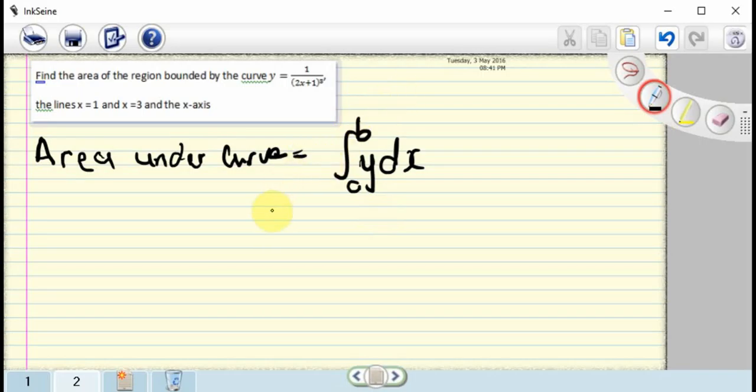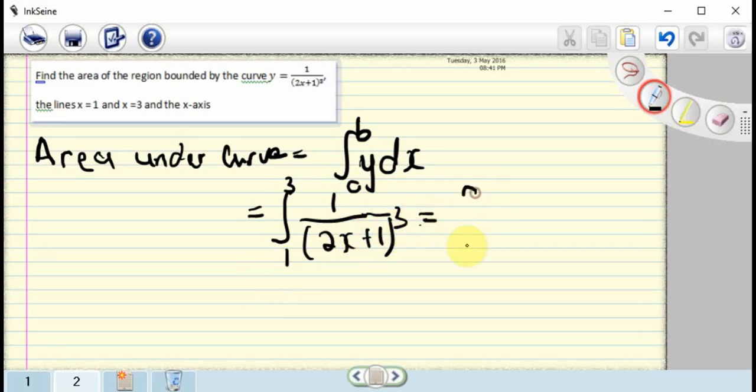In this case, we're going from 1 to 3 and the function is 1 over (2x plus 1) cubed. First, we can rewrite this as the integral from 1 to 3 of (2x plus 1) to the negative 3. We're taking the (2x plus 1) cubed out of the denominator, so the power becomes negative.